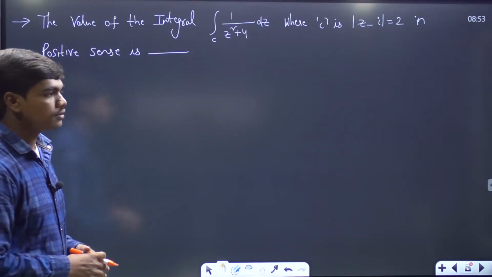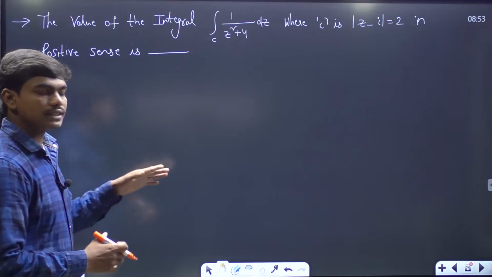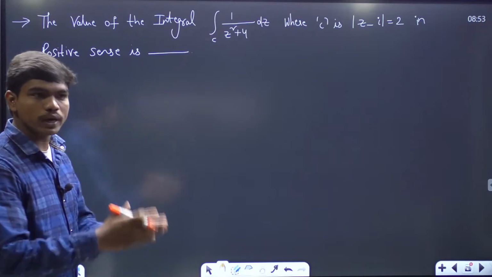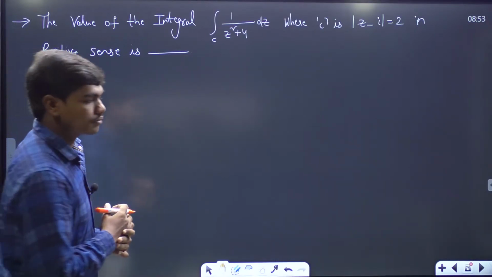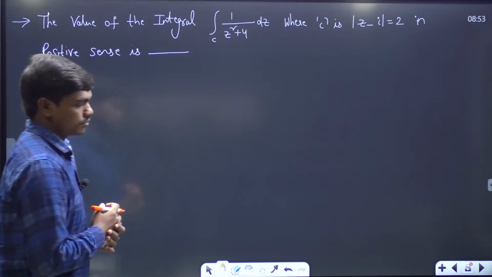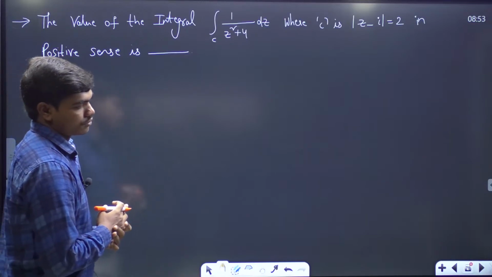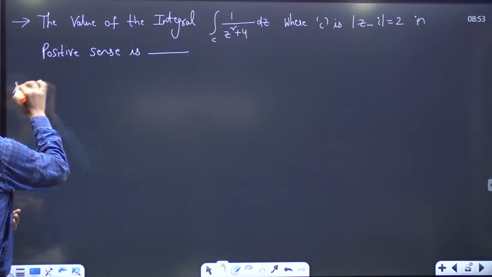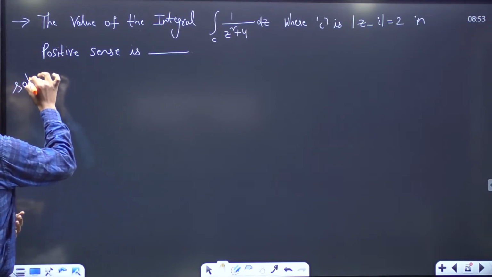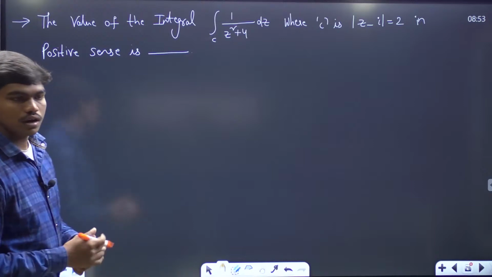Please try to solve this question. 1 by z square plus 4 can be resolved as (z plus 2i) into (z minus 2i). Correct? So now we can apply partial fractions again. Please try to solve this.